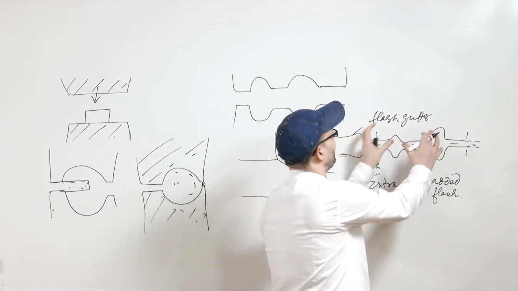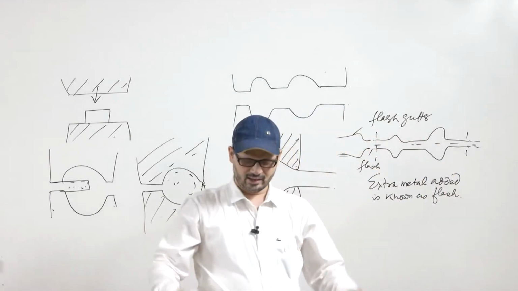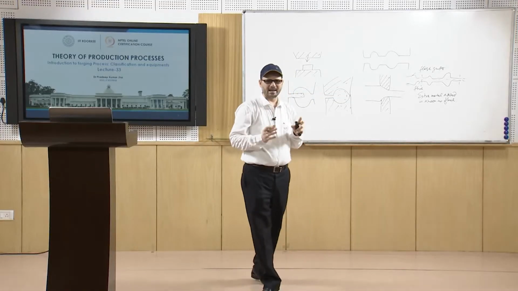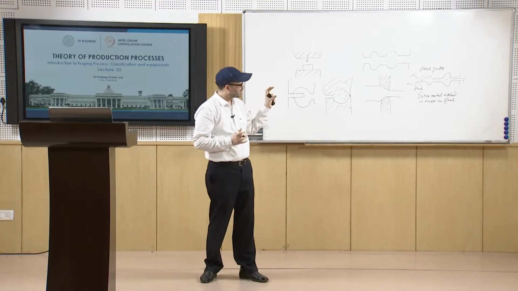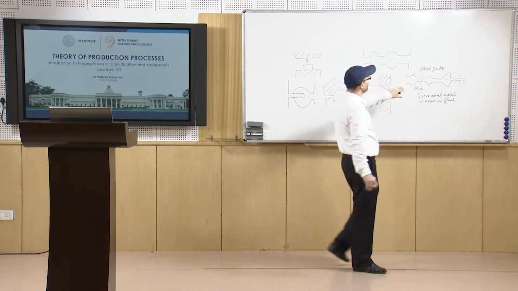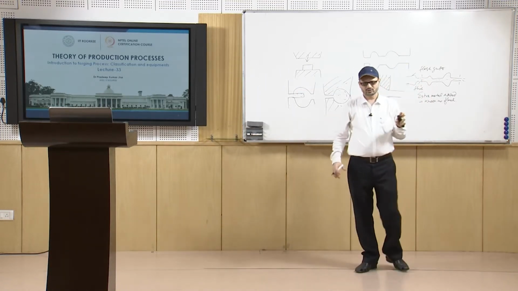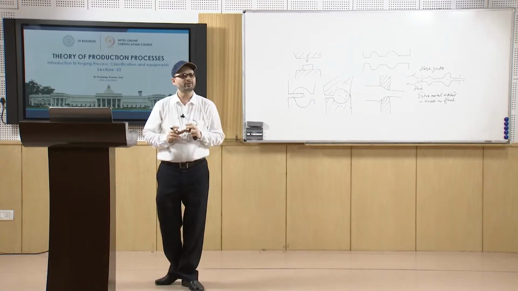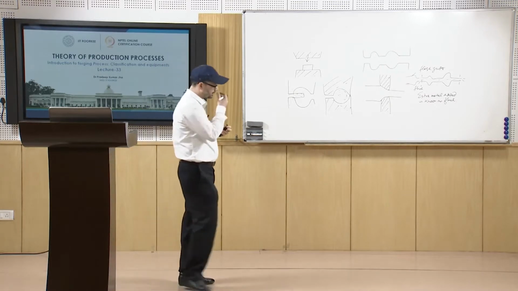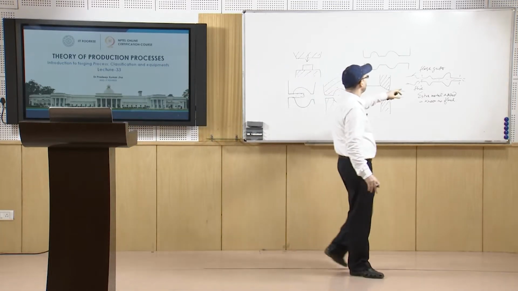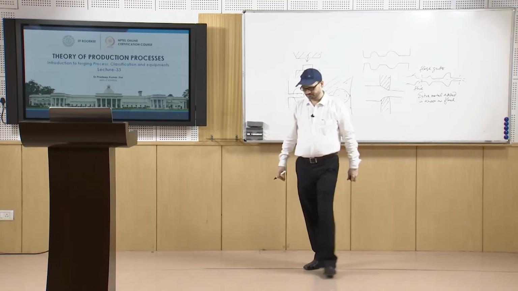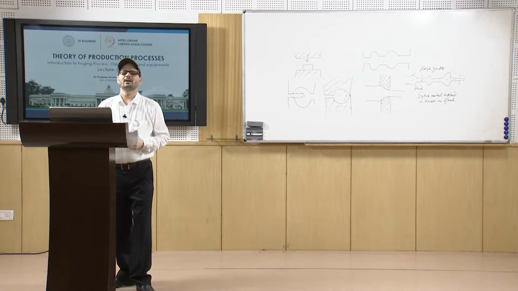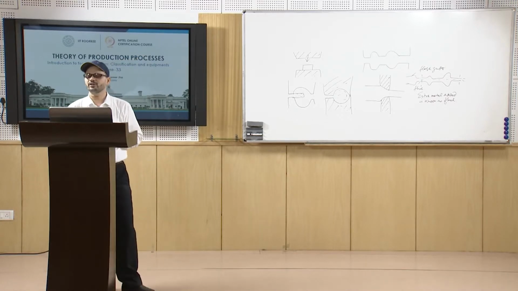So, the extra pressure will be experienced by the metal which is inside the die. Because of that, the cavity is more likely to get filled. So, the presence of flash is very important, and it is to be designed by providing a proper flash gutter in this region. So, this is about the cases of closed die forging.